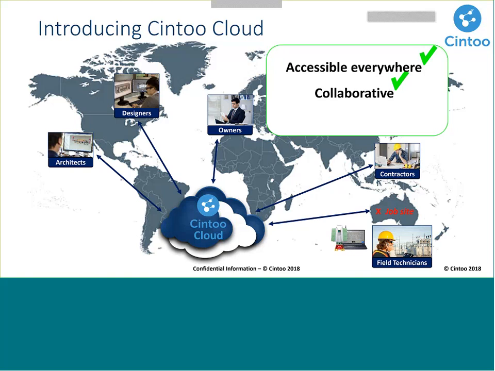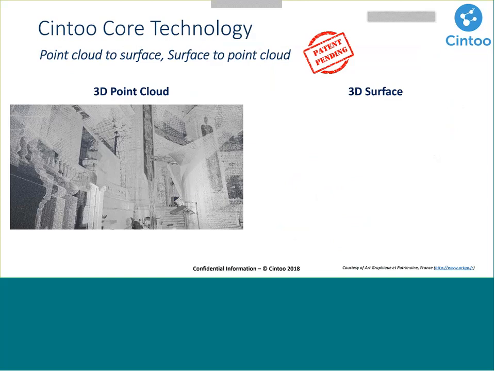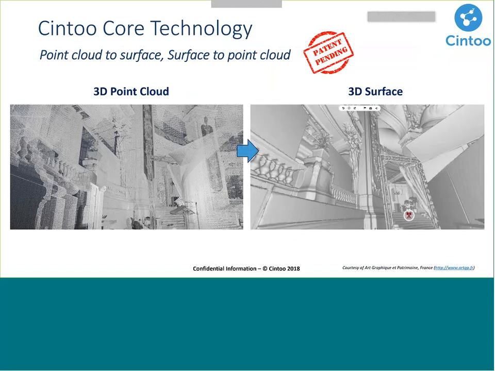But not only that, since the data will now be on the cloud, we can leverage cloud computing to run some deep analytics using machine learning technology. We can extract meaningful information from that. The technology that has been developed by the team, the core engine behind all of this, is the capability to turn a point cloud into a surface mesh.